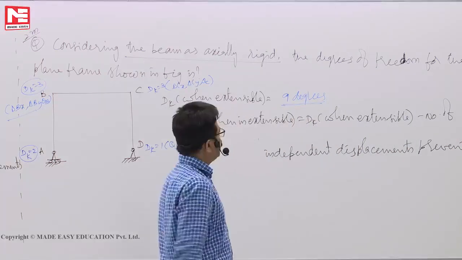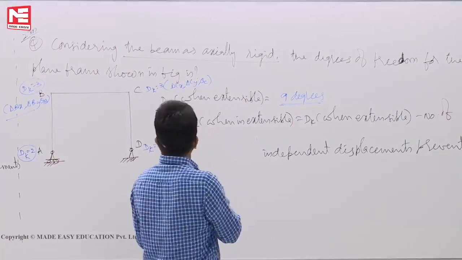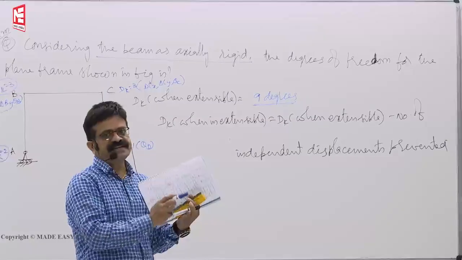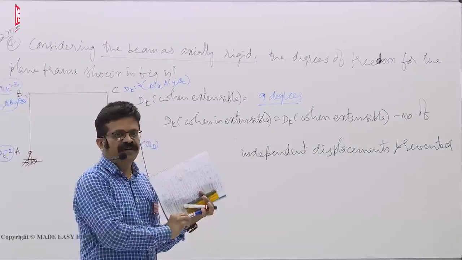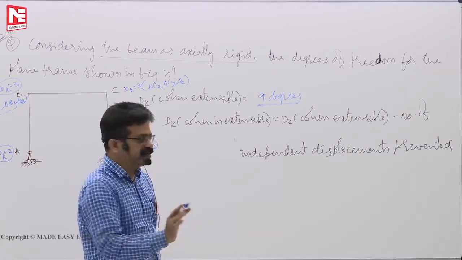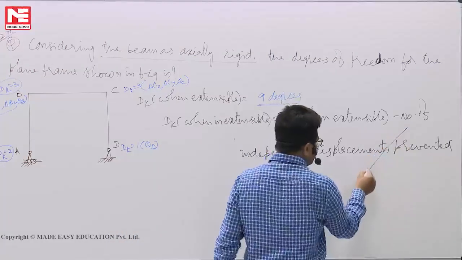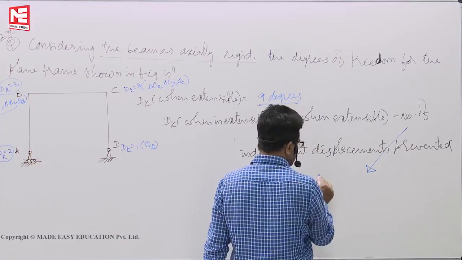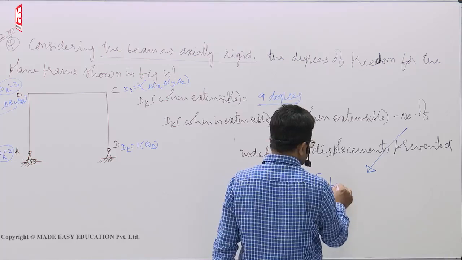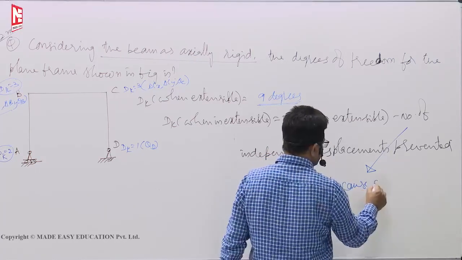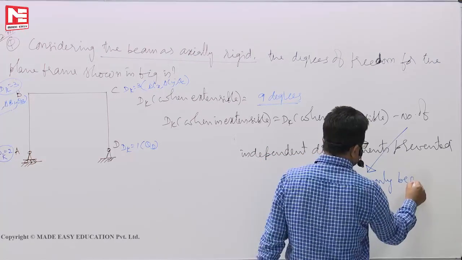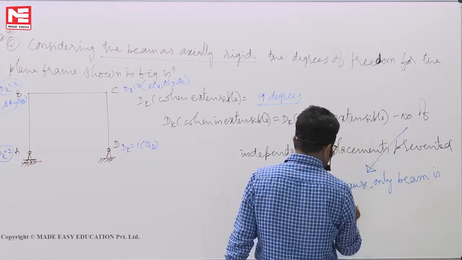How many are prevented? There are 3 members, but he says only the beam is axially rigid. That means all other members are not axially rigid. So the number of independent displacements prevented is only 1, because only the beam is axially rigid.